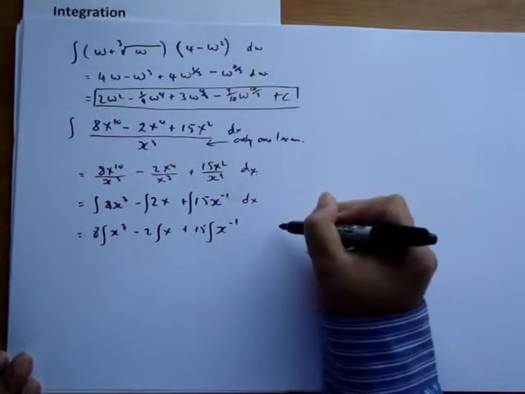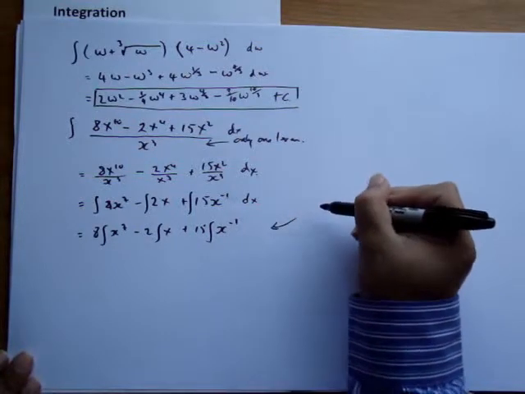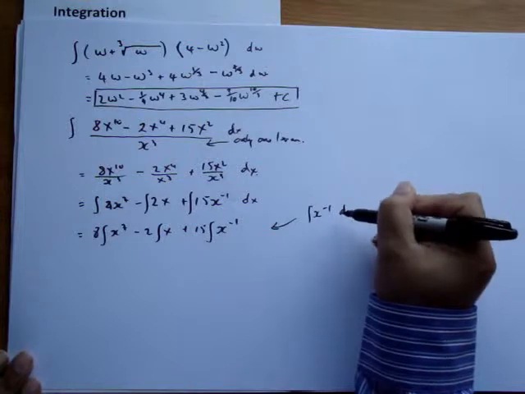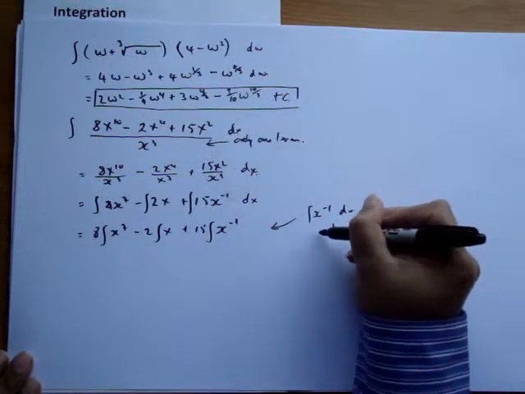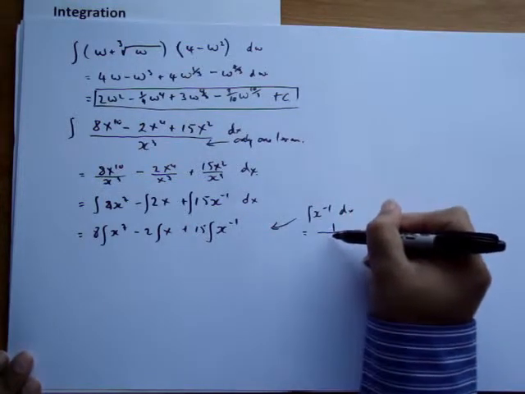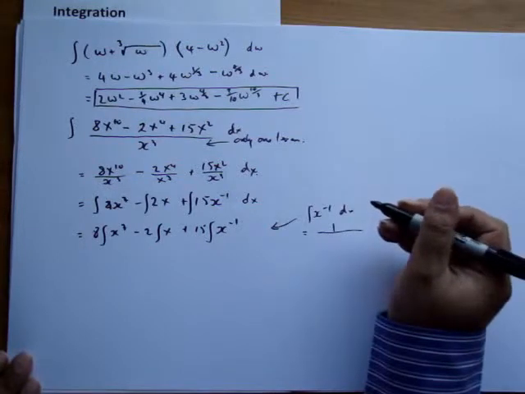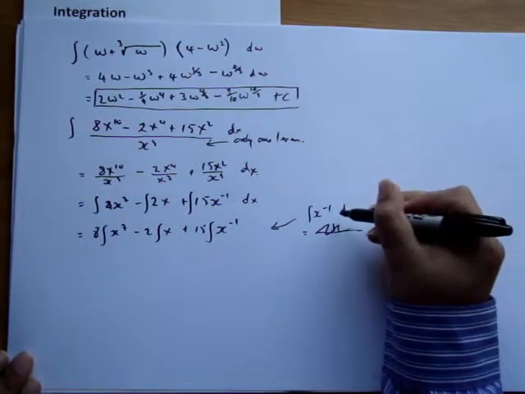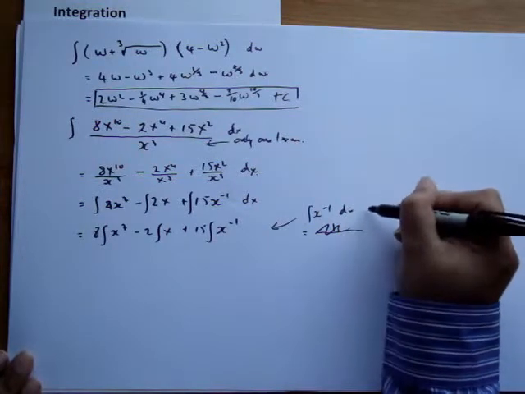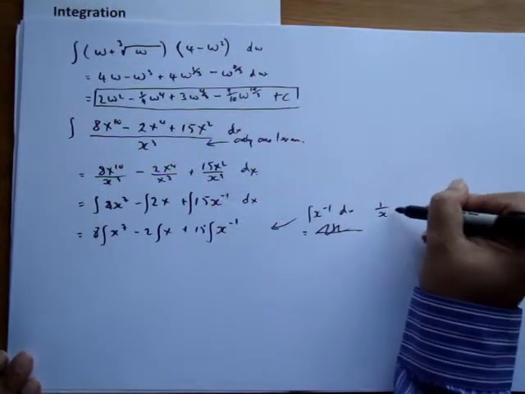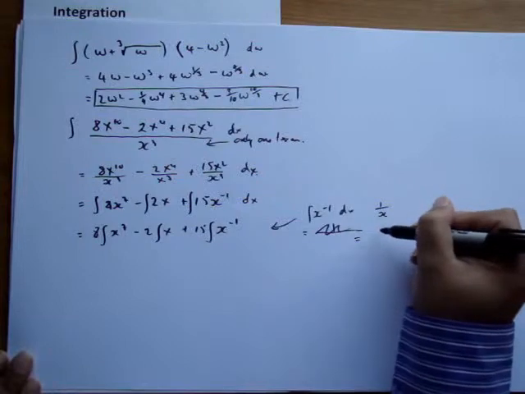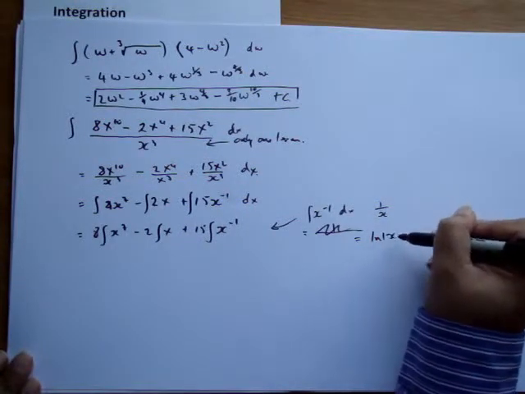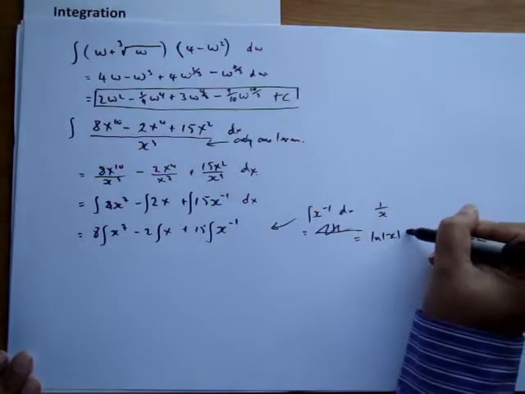Integral of x to the minus 1 is, no, it's not x to the 0 over 0, it's 1 over x, and that equals the natural log of x plus c.